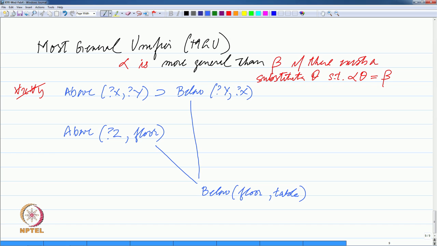How do we infer that? We use a substitution theta, which says that you must substitute. I will not write the question marks here, because it is clear that it is a variable, or let us put it just for the sake of consistency.